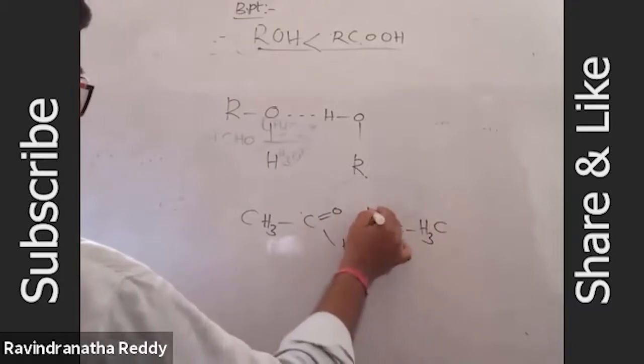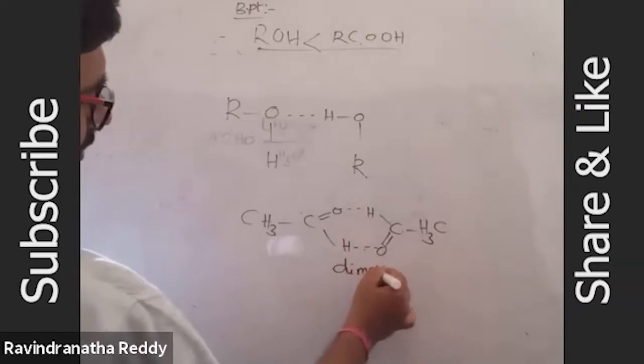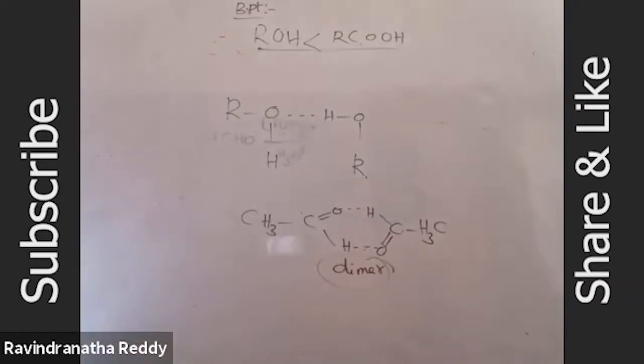So here boiling point is more for carboxylic acid. With comparable molar mass, carboxylic acid has a higher boiling point than alcohol. Reason? The cyclic dimer formation.